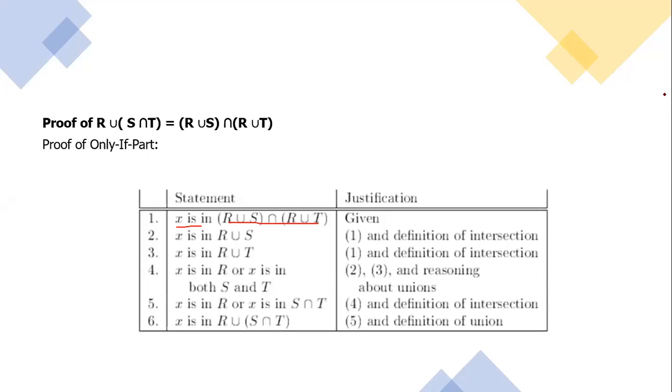Ma'am, can I say? Yes. If X is in R union S intersection R union T, we can say that X is in R union S, with the help of the definition of intersection.